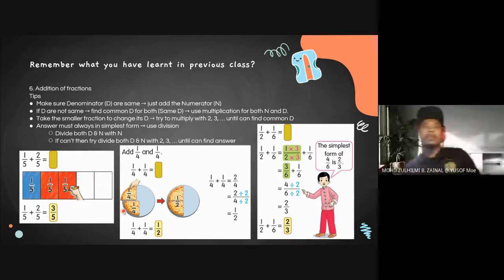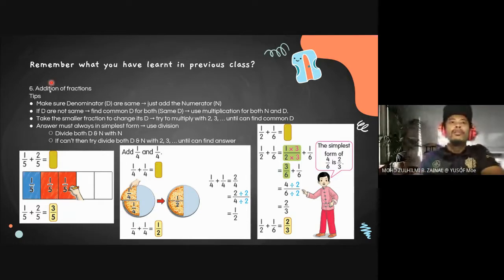Okay, so for addition of fractions, there are several tips you have to use. The first one, make sure the denominators are the same. If they are the same, it's easy for you.